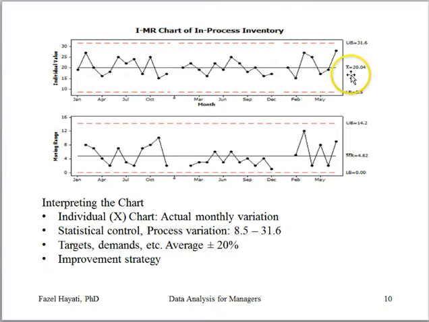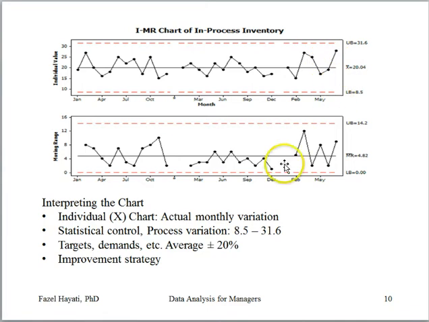a range of the average plus or minus 20%. That's an area from here to there, about 16 to 24. Well, this is not a part of the process. However, the voice of the process capability says this process is behaving between 8.5 and 32.